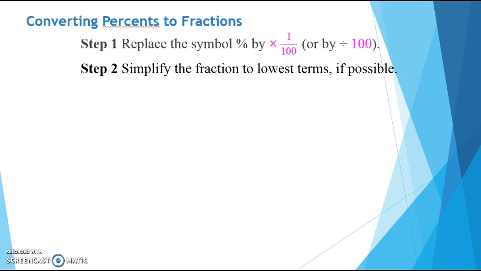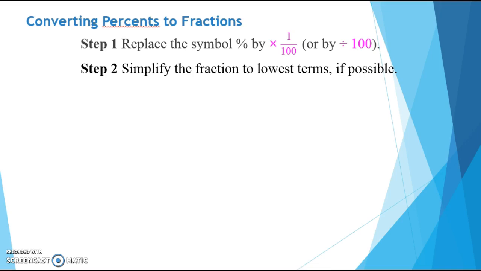So the first topic then is to convert percents to fractions. So like I just said, we are going to replace the percent symbol by times 1 over 100 or by dividing by 100. So really what you're doing is changing it to a fraction, putting it in lowest terms.